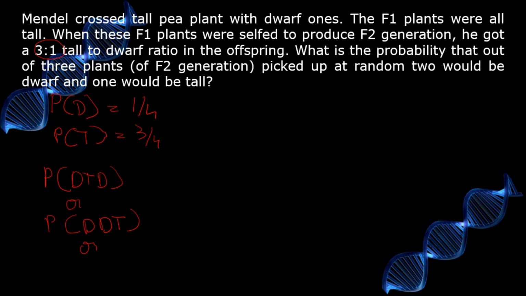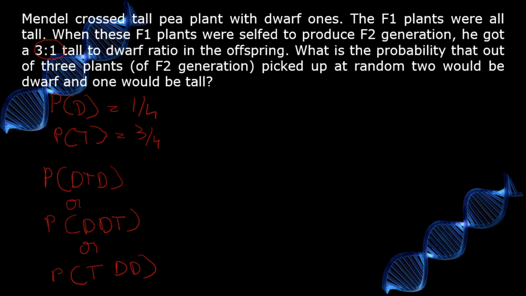Or the probability of getting first a tall, then dwarf, then dwarf. All these are the probability of getting two dwarf and one tall from this ratio.